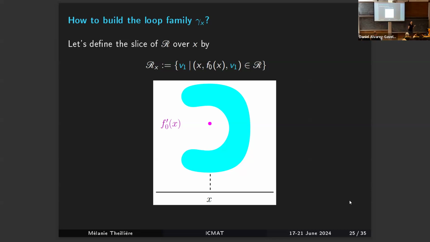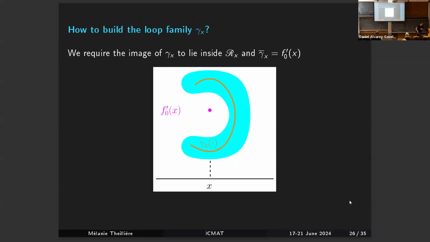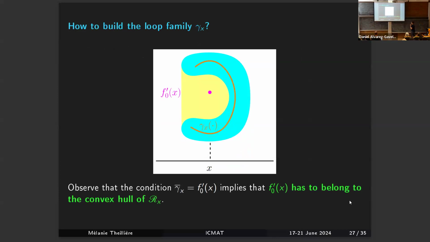So we consider any value possible for the new derivative. Now we have to build a loop satisfying the two constraints: the loop lies in the slice of the relation, and the average of this loop equals the derivative we want to modify. More generally, we can choose such a loop when f0 prime belongs to the convex hull of the slice of the relation over x.